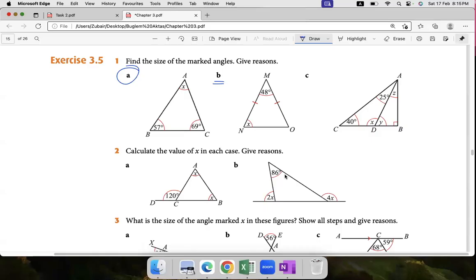Try that one again. 132, so 66? 66. So x was equal to 180 minus 48 by 2.